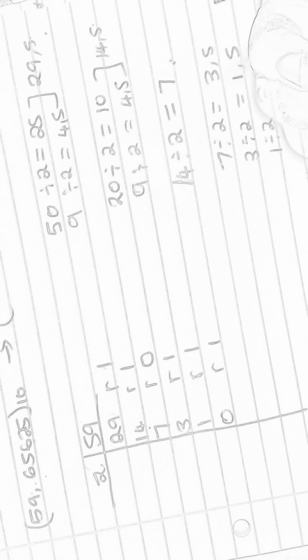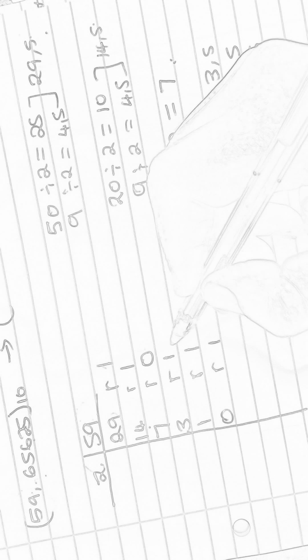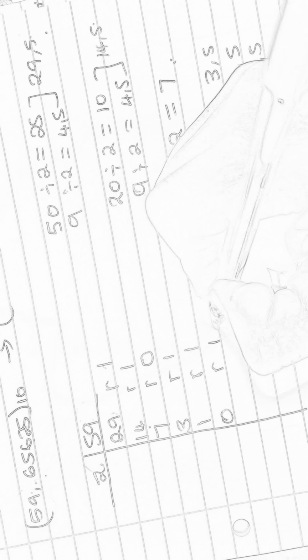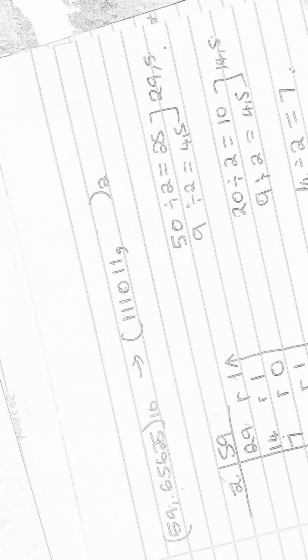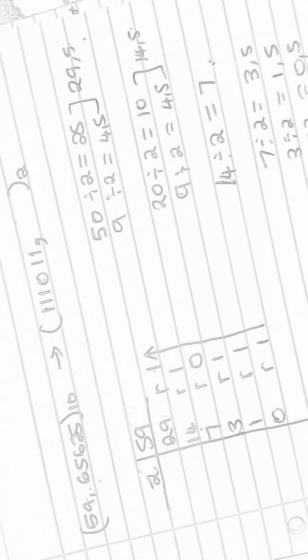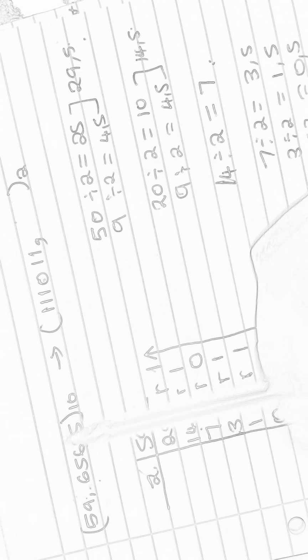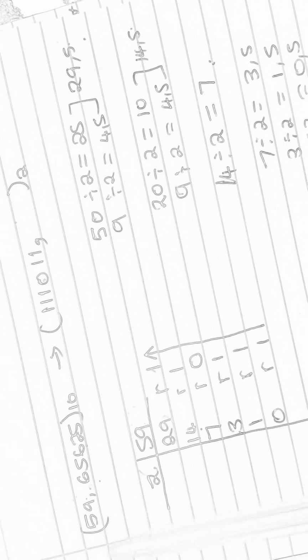And then I'll take these numbers starting from here going up, and then I will put it here: 1 1 1 0 1 1, then a point. Now I'll be dealing with the number after the point. I'm going to do it here.